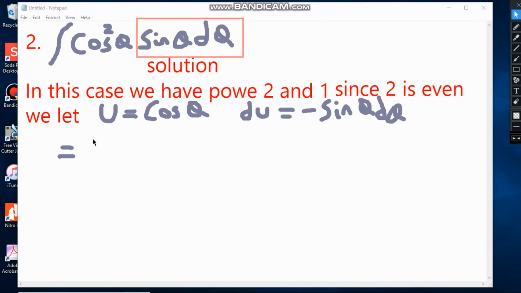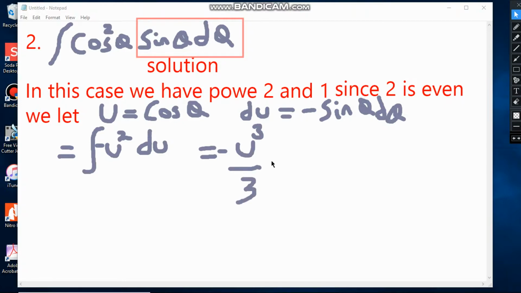So we have the integral of u square du negative. So we have negative u power 3 over 3 plus constant.